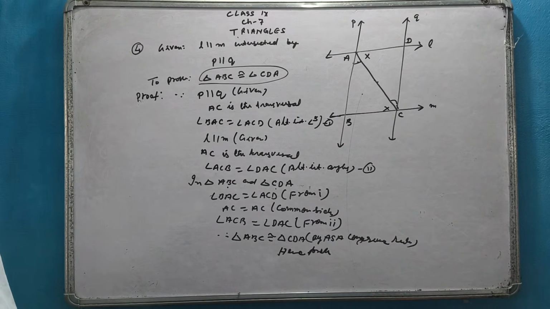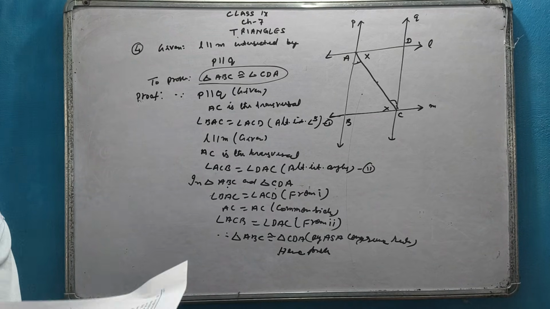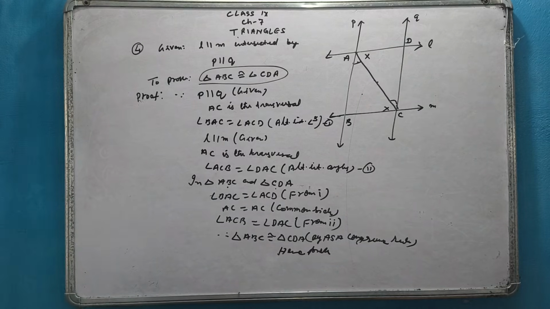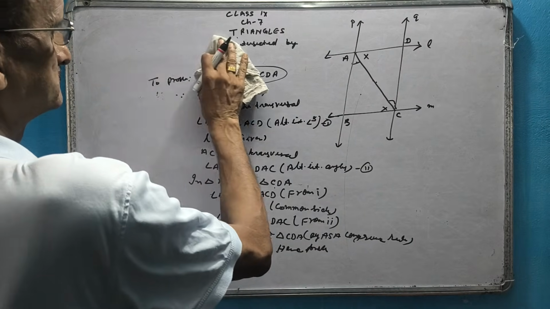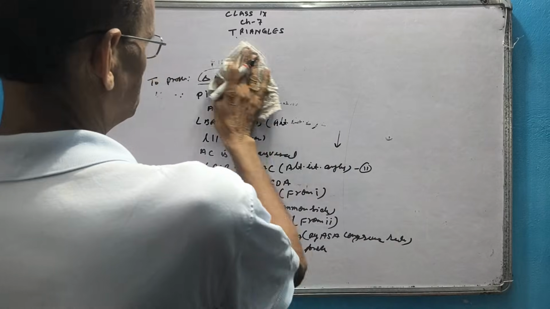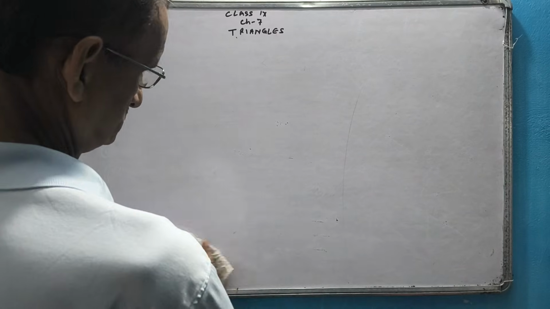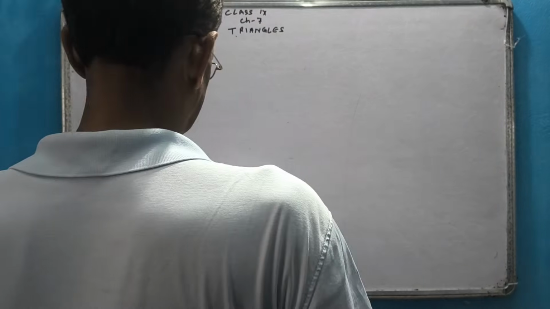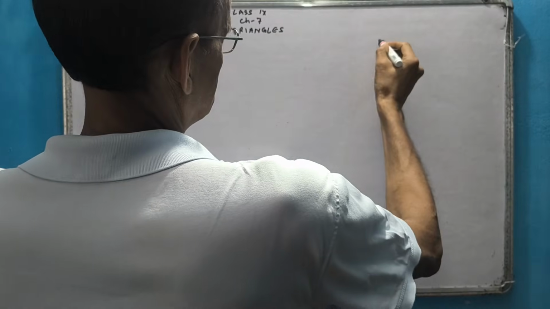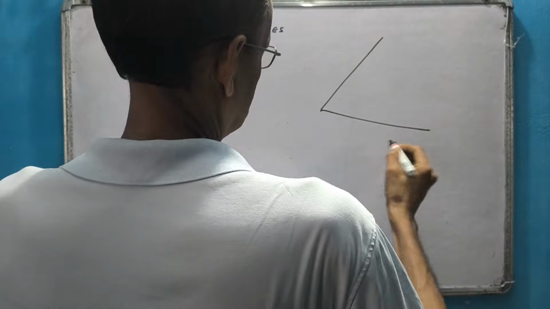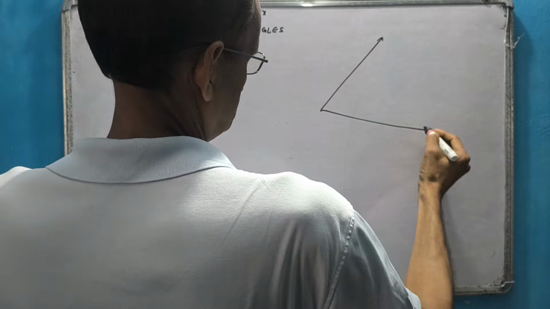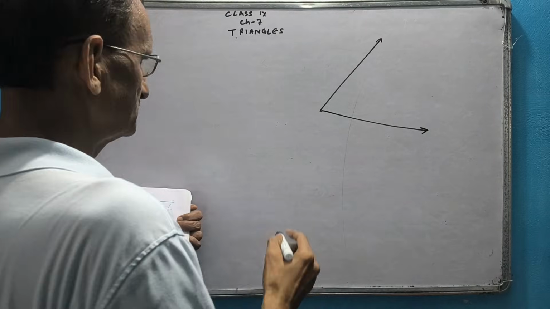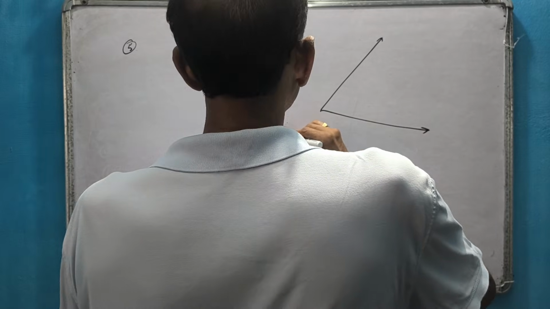Now the next question, we go to number 5. An angle is given. These are the arms of the angle. There is a line given.